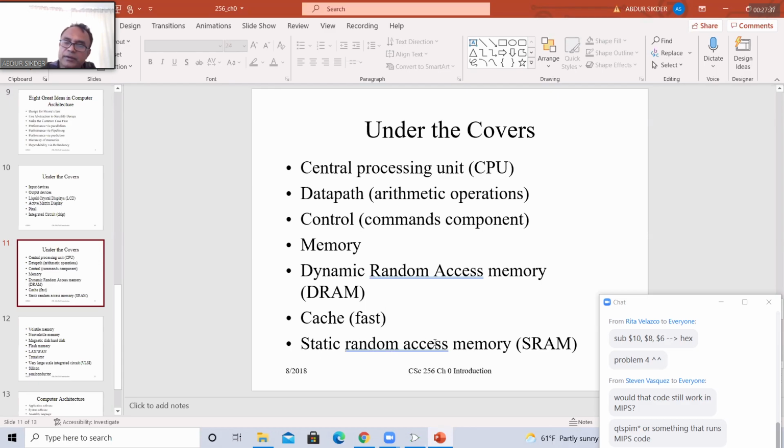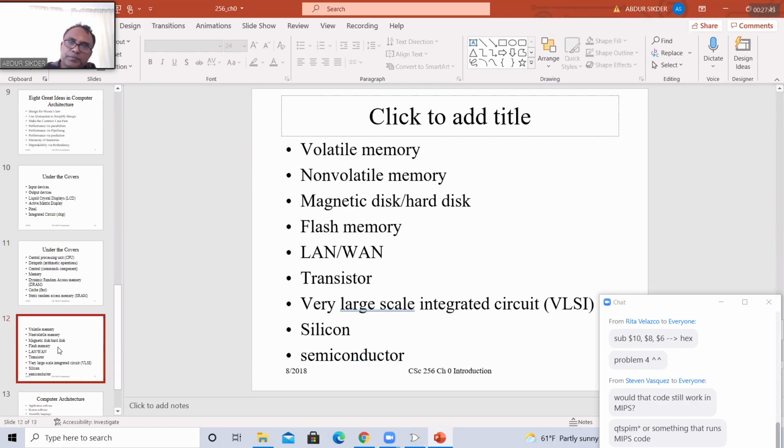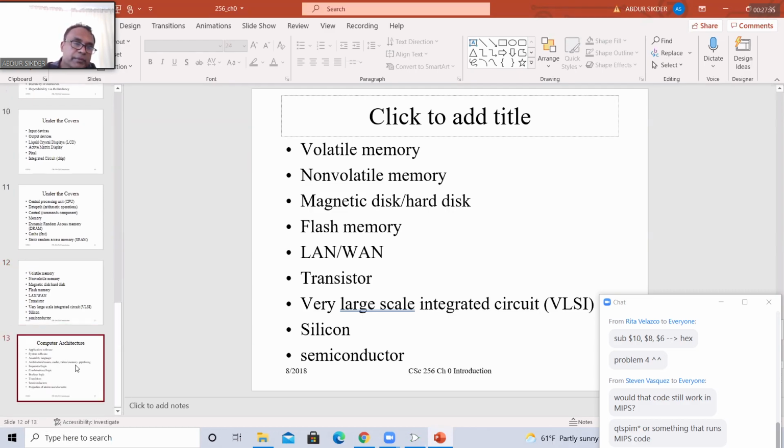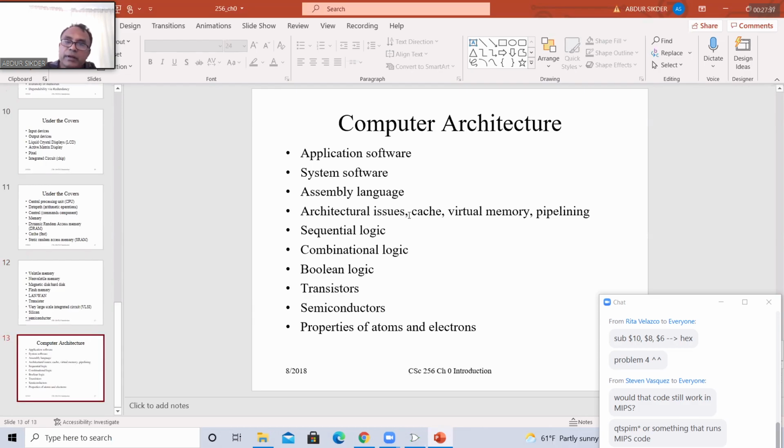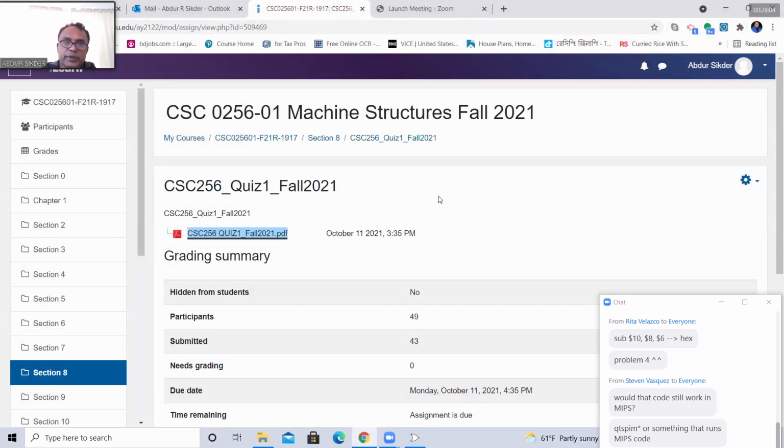And static random access memory. Cache is what? Small, fast memory. And then examples of volatile memory and non-volatile memory. Okay, that's important to understand and remember. And nothing more for me. So that's it, only a few things from that chapter.